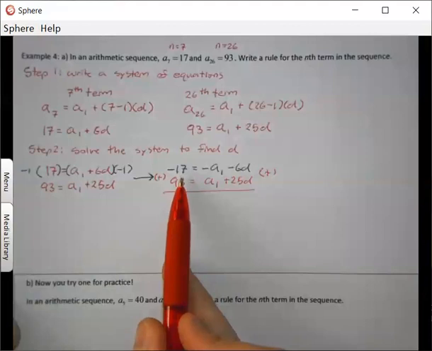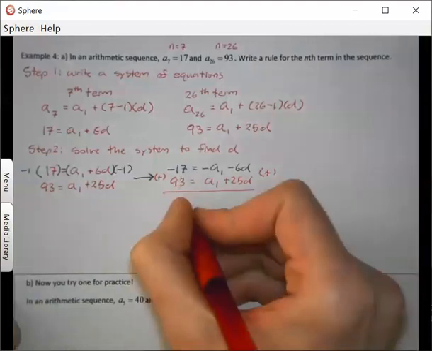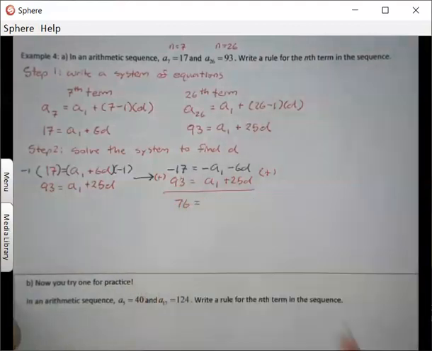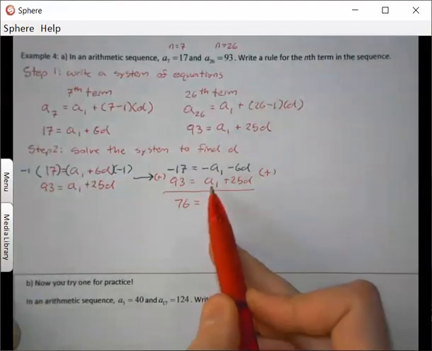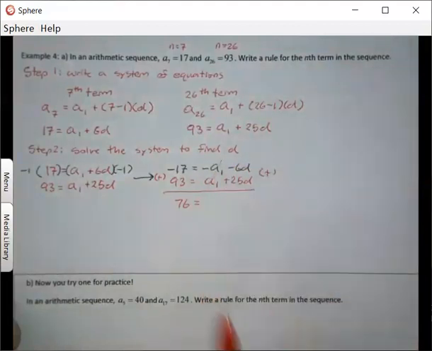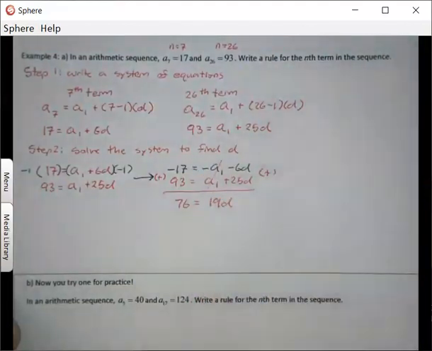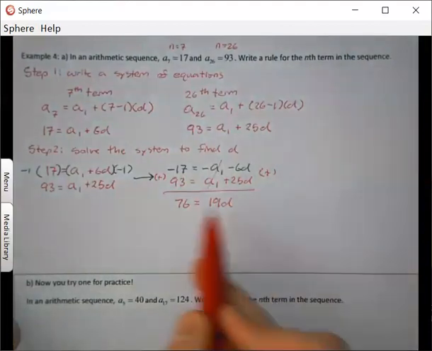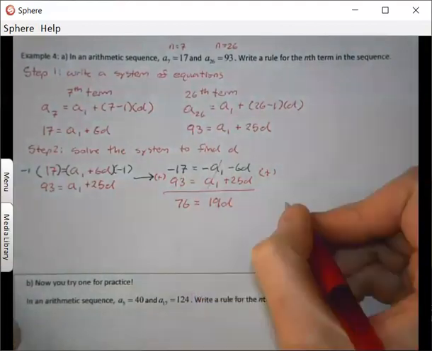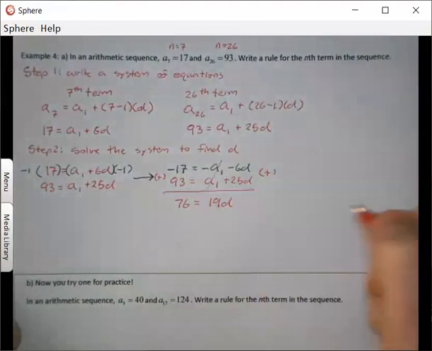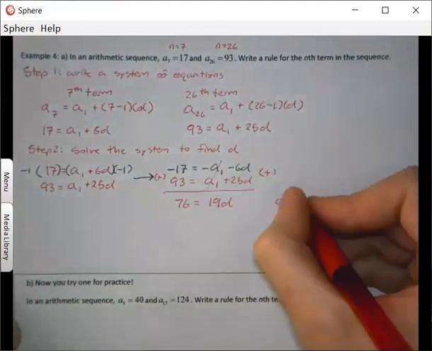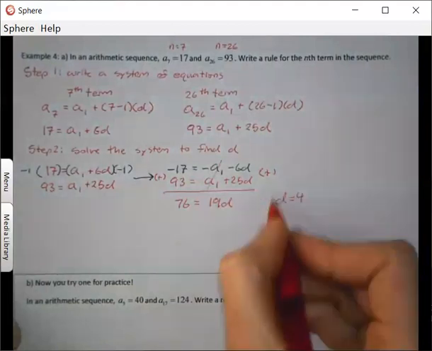Minus 17 plus 93, 76. Minus a sub 1 plus a sub 1 is 0. Minus 6 plus 25 is 19. Divide both sides by 19, and we get, looks like d is 4, so our common difference is 4.